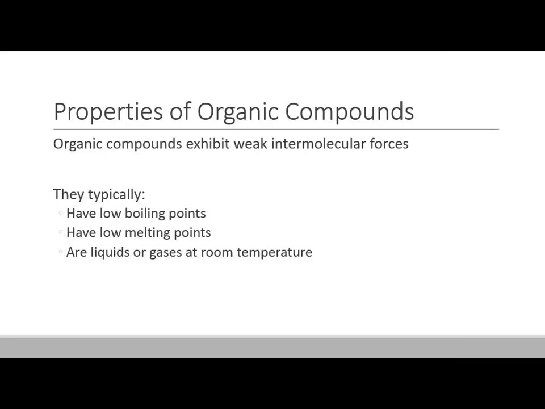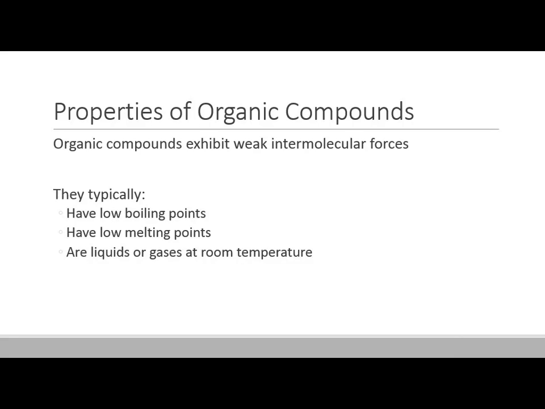But let's look at some general properties of organic compounds and see if that helps us understand how these functional groups are useful when looking at overall properties of a molecule that you may never have seen before. So, for instance, organic compounds, we know that they have weak intermolecular forces. Right? They're not ionic, so these often have only dispersion forces, or sometimes dipole-dipole forces, or occasionally hydrogen bonding.